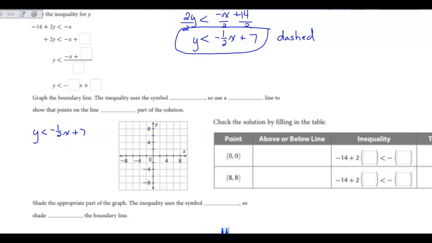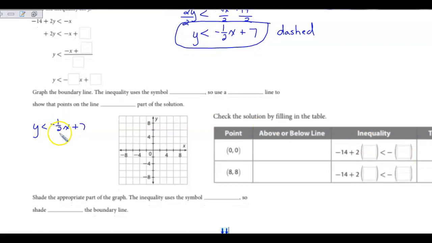We know it's a dashed line. We just need to start with our y-intercept, which is at 7. It's going down 1 over 2. So down 1 over 2, down 1 over 2, down 1 over 2.